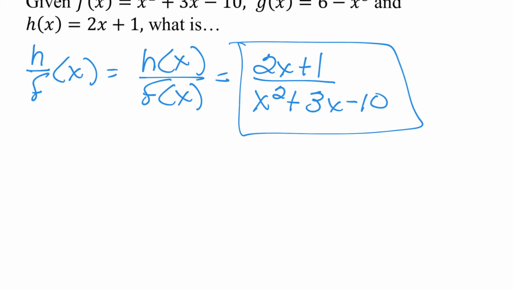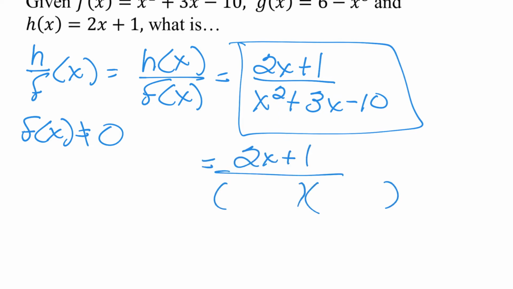Now we need to find out what the domain is for this function here. And so we know that f of x cannot equal 0. And so let's go ahead and rewrite this in factored form. We cannot have a 0 in the denominator, so we're going to use the zero product property.